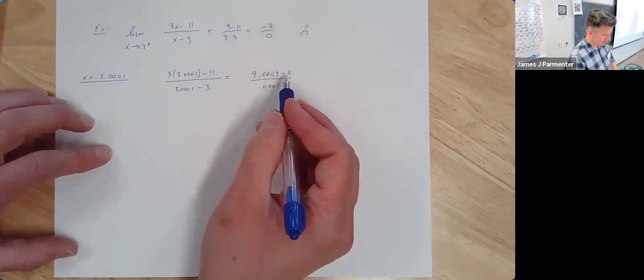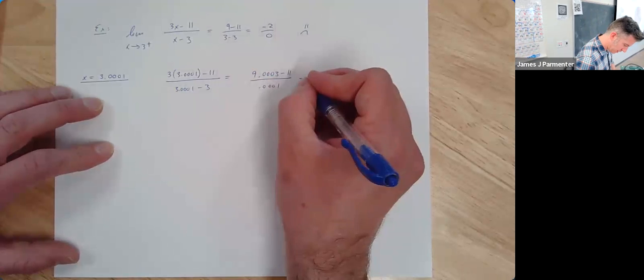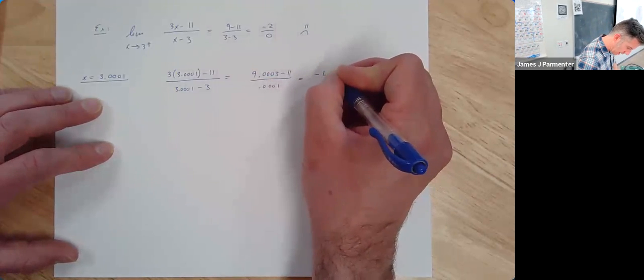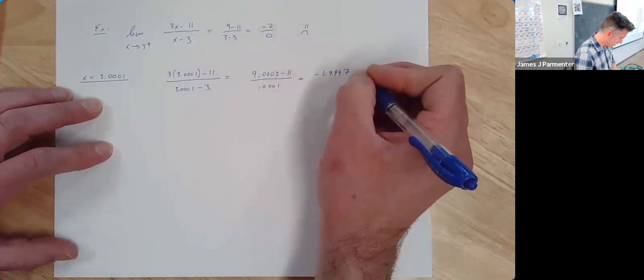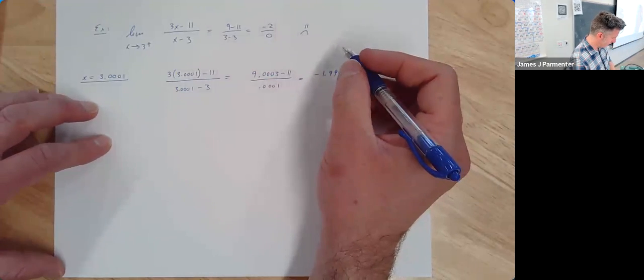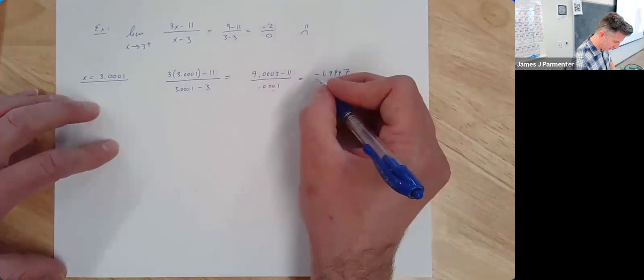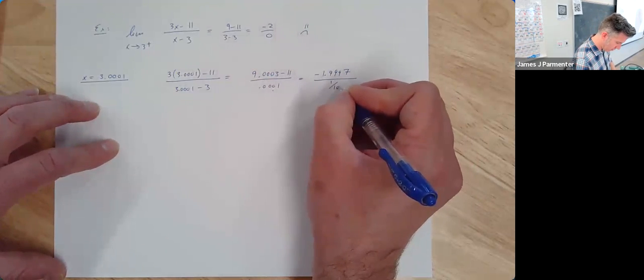Okay, I should have picked a different number. Oh well, that's going to be like negative 1.9997. And I want to point out that dividing by 0.0001 is dividing by 1/1000.